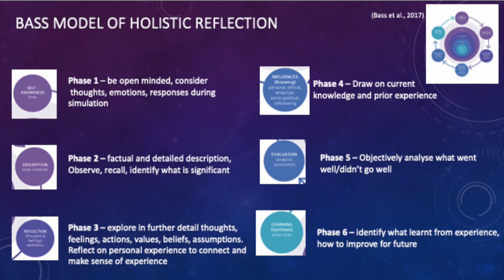In Phase 4, learners holistically evaluate the experience, linking it to prior knowledge to understand the events and their critical influences. Phase 5 involves a thorough analysis of successes and unexpected outcomes. And lastly, Phase 6 sees learners synthesizing insights, strategizing, and setting future goals. The aim is to apply these learnings to real-life situations, bolstering their professional capabilities.